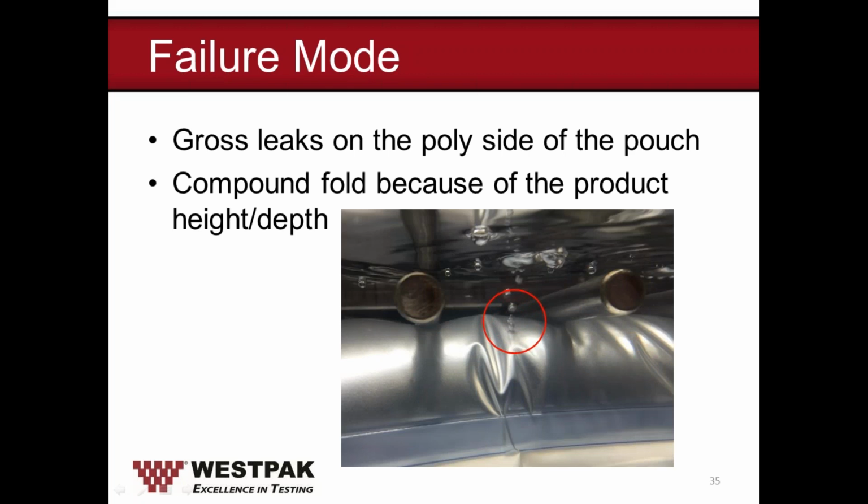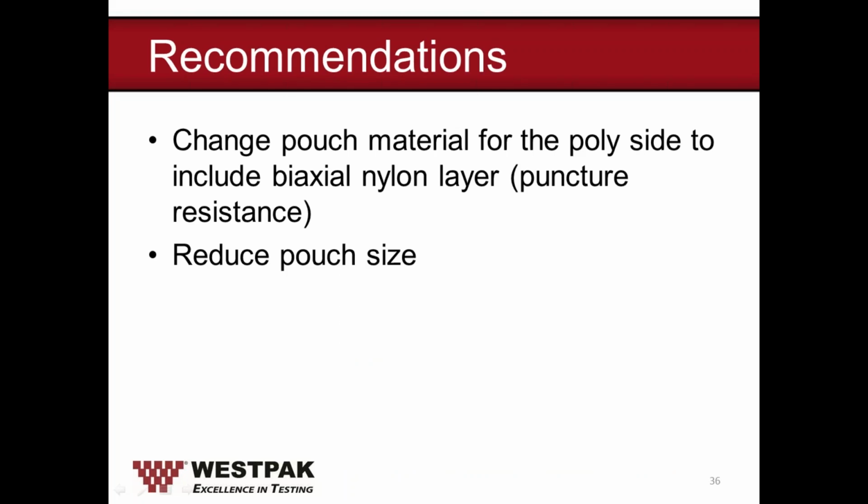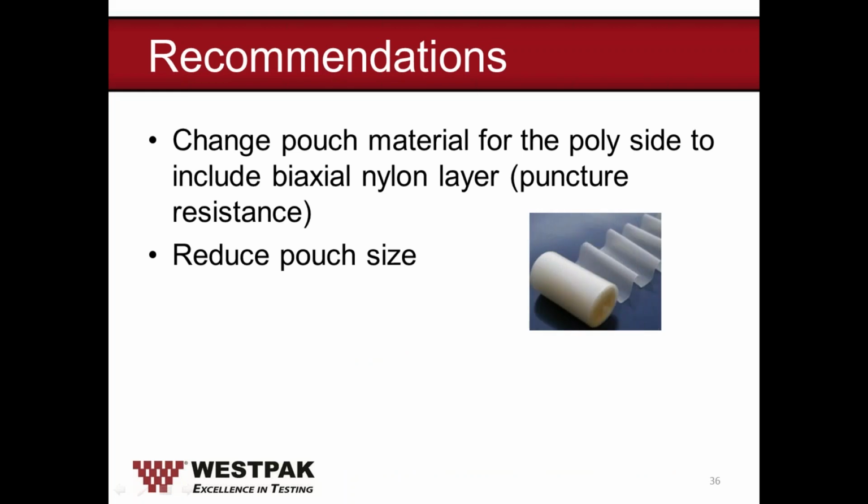You can see in this photo a steady stream of bubbles coming from that gross leak area, and that's considered a failure. Recommendation. We suggested changing the pouch material for the poly side to include a biaxial nylon layer. This will provide puncture resistance and also reduce the pouch size.